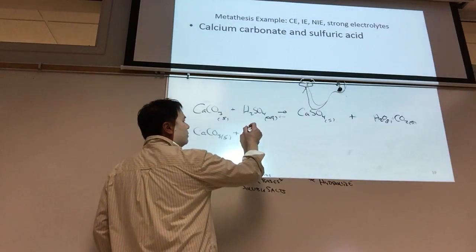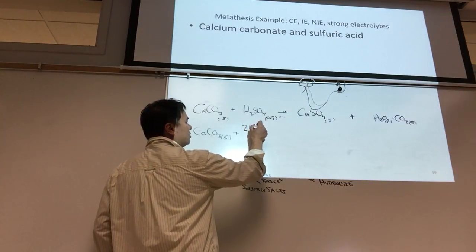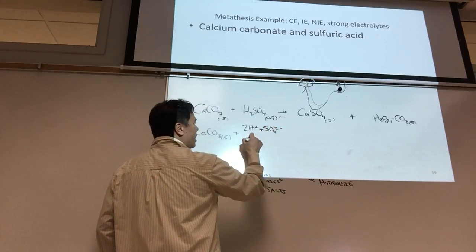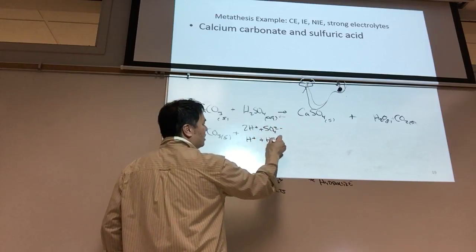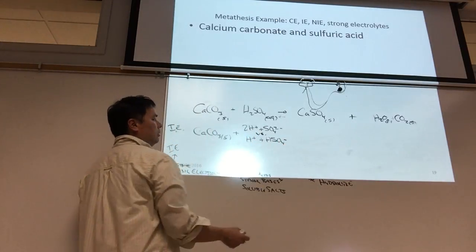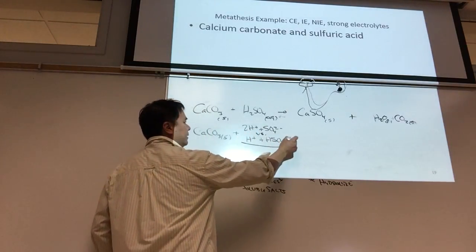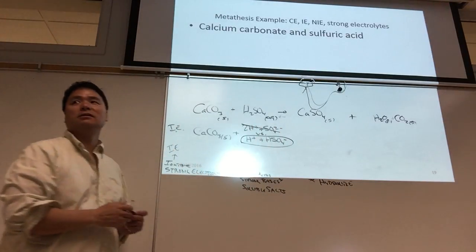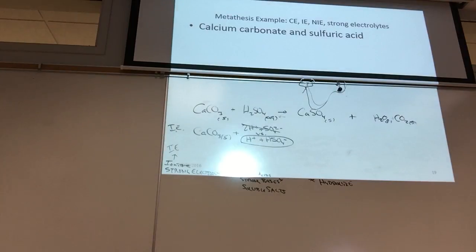So I ionize it. But what does sulfuric acid ionize into? Does it ionize into 2H plus and an SO4 2 minus? Or does it ionize into an H plus and an HSO4 minus? Why doesn't it ionize into 2H pluses and a sulfate?